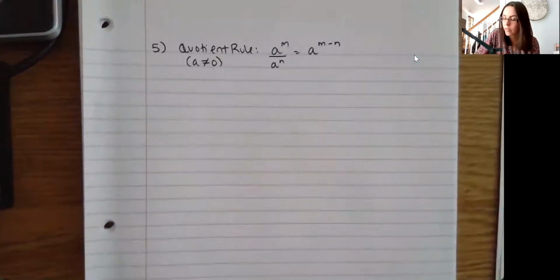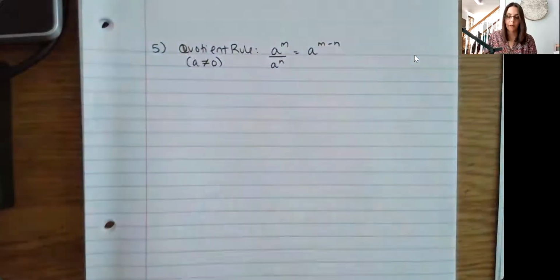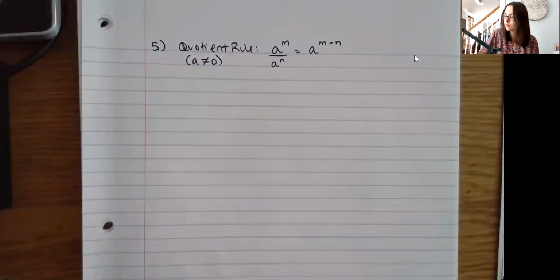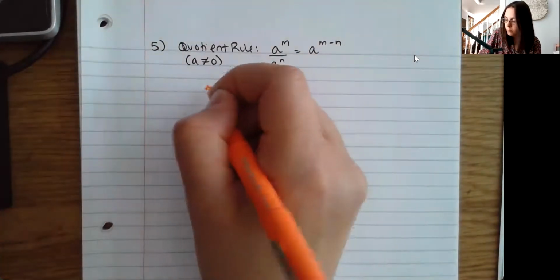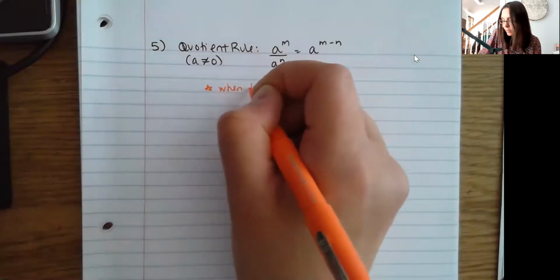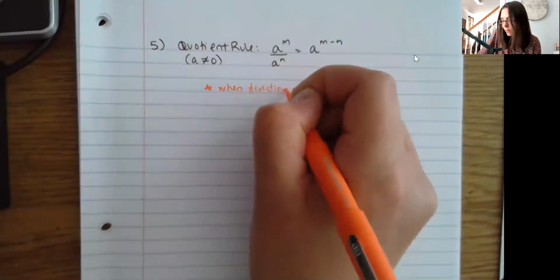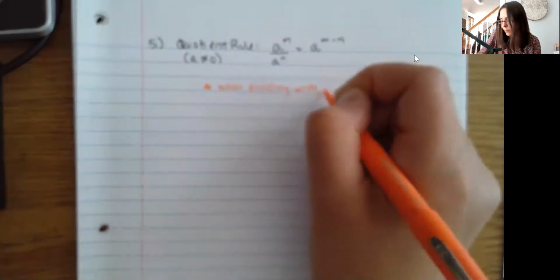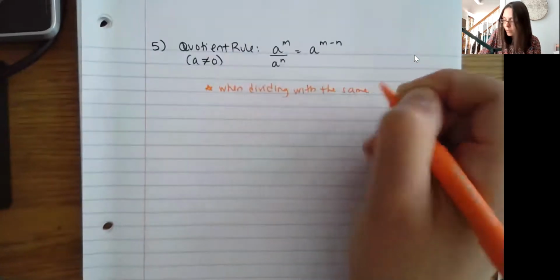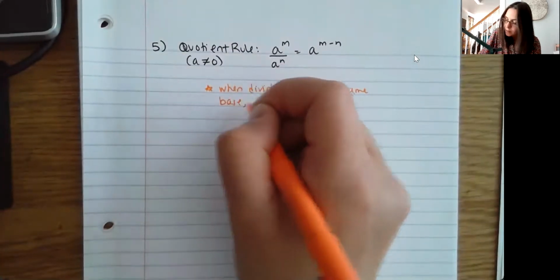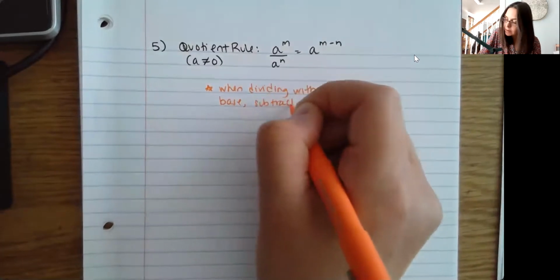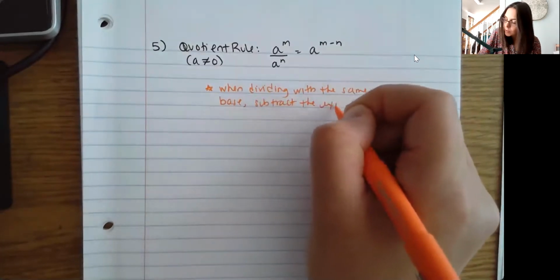And again, we just have to make sure that a is not 0, so we're not dividing by 0 here. So when dividing with the same base, we can just subtract the exponents.